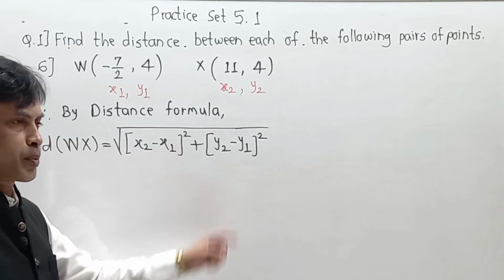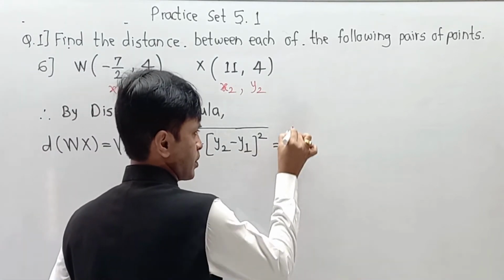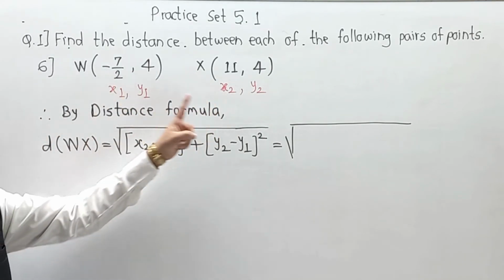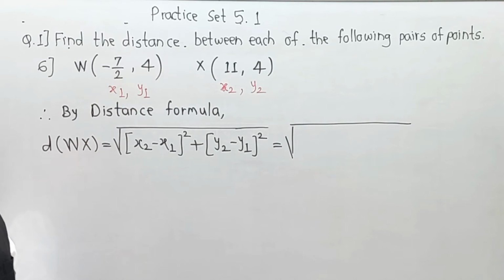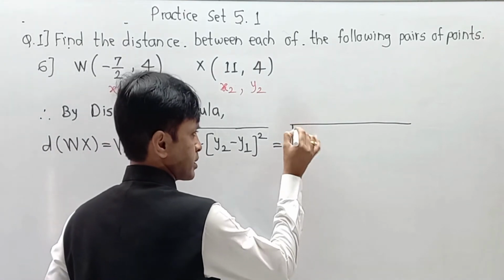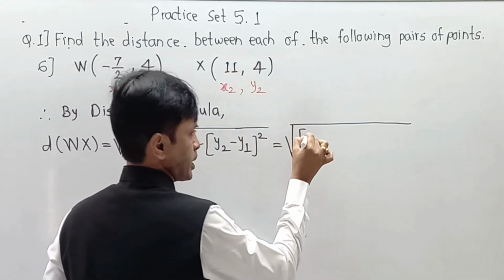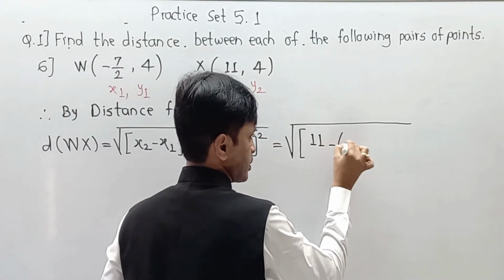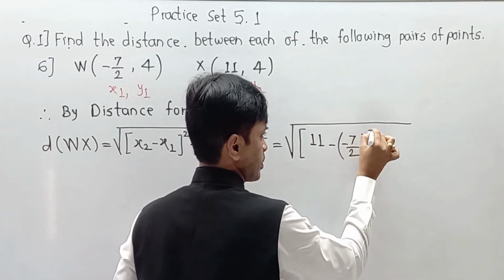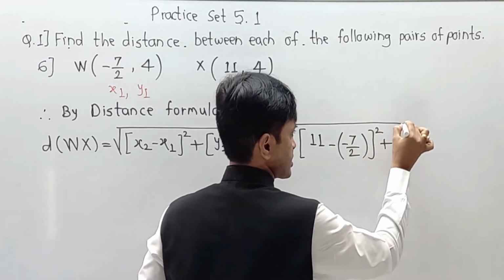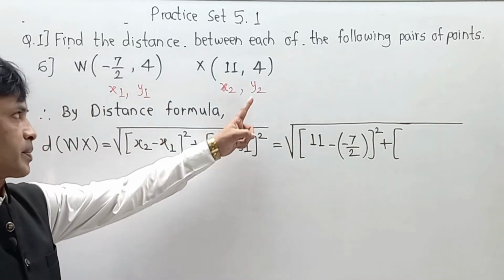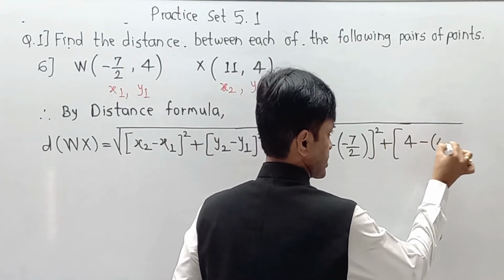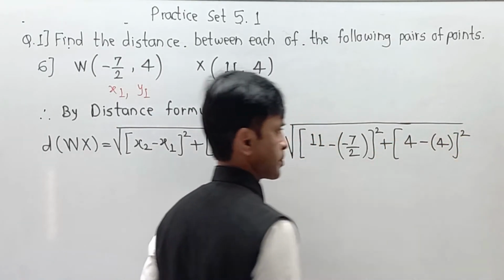Now simplifying it in a more proper manner, so it is equal to x2 minus x1 bracket square, which means 11 minus of minus 7 by 2, that is x2, 11, minus x1, minus 7 by 2. So minus 7 upon 2 bracket square plus y2 minus y1, y2 is 4, minus 4. So 4 minus 4 bracket square.